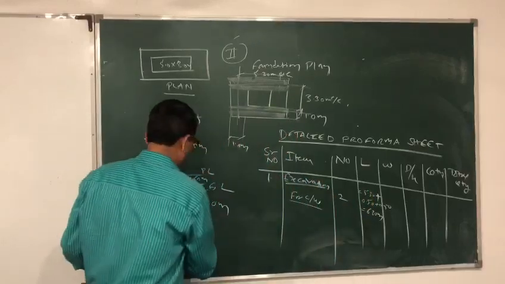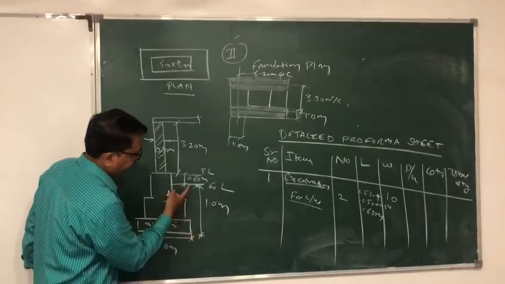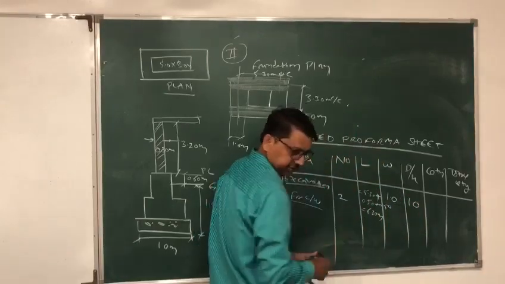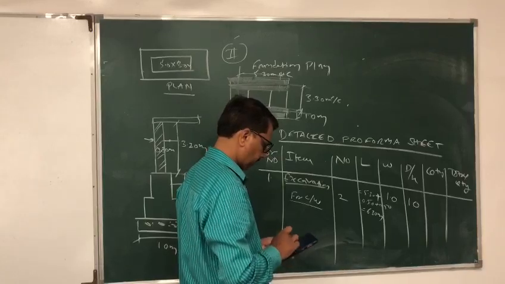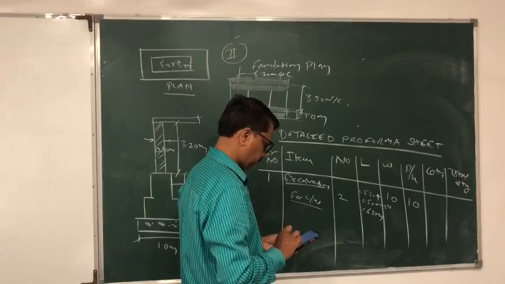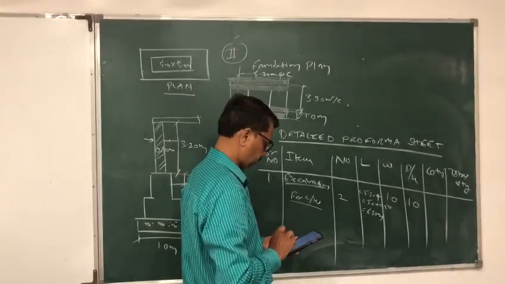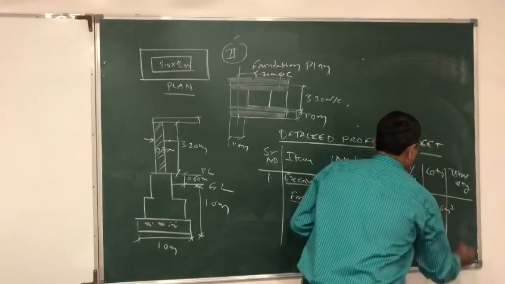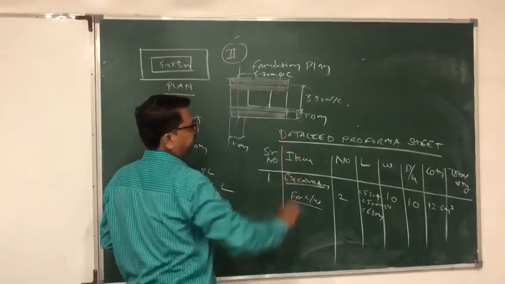The width of the foundation is 1 meter and the depth of the foundation, which is given in the section, is 1 meter. So multiplying 6.3 into 1 into 2 into 1, that is 12.6 meter cube. So the quantity for the long wall of this particular diagram is 12.6 meter cube of excavation.